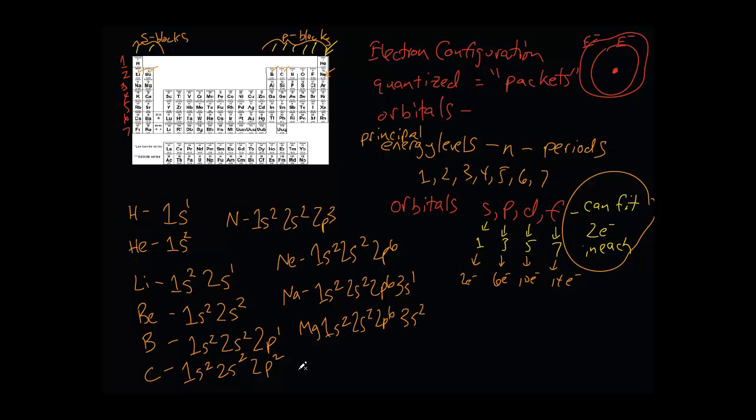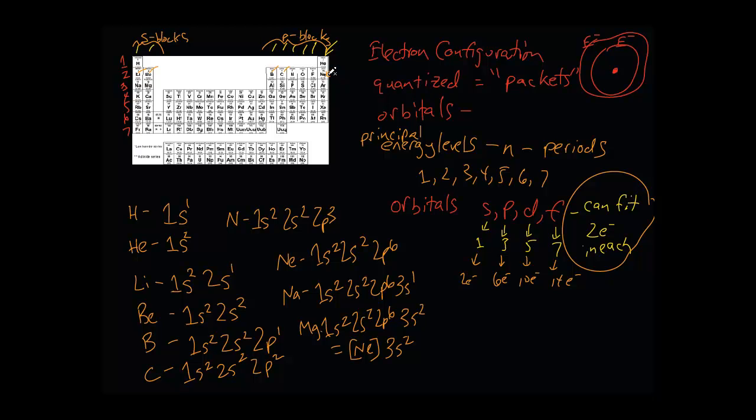A shorthand way to write this for magnesium is, you might see it written like neon and then 3s2. Because rather than write out 1s2, 2s2, 2p6 all the time, if we just write down neon in brackets for this group 8, it's going to tell us it's just like neon.